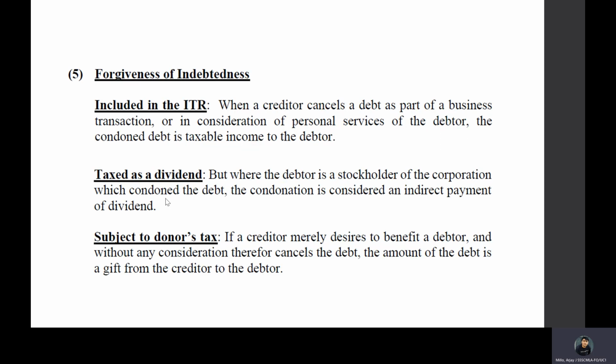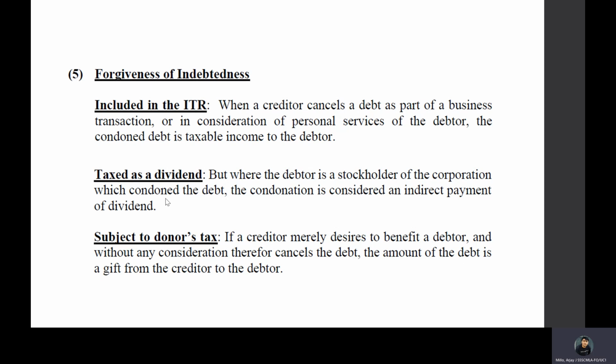Next slide. Number 5, forgiveness of indebtedness. So forgiveness of indebtedness meaning pag kinondone yung utang sa'yo, meaning hindi ka nasisingilin dun sa utang. So paano siya may include sa ITR? Ano-ano yung mga condonation of indebtedness na included sa ITR?